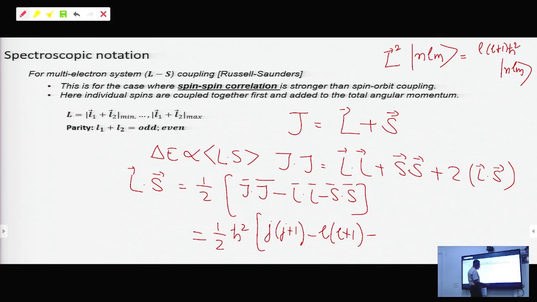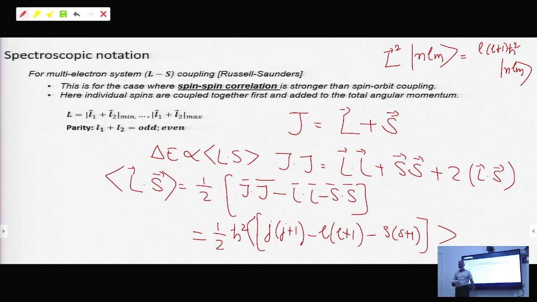All three angular momenta will have similar eigenvalues. J square will have J into J plus 1 h-bar square, S will have S into S plus 1 h-bar square, and so on. They are analogous to each other, and we'll have this particular value. And this is the delta E. We can write it in the expectation value form, now in terms of the value itself.